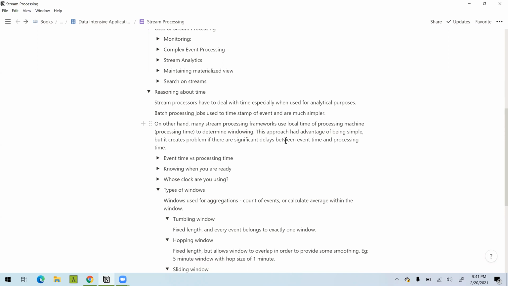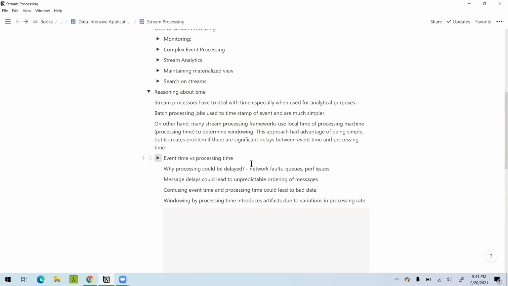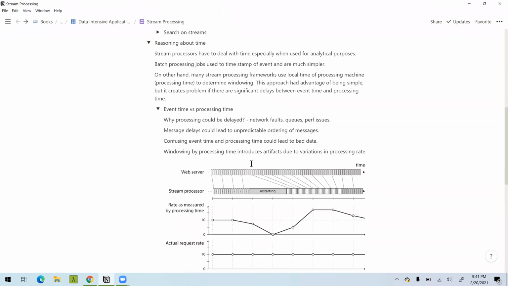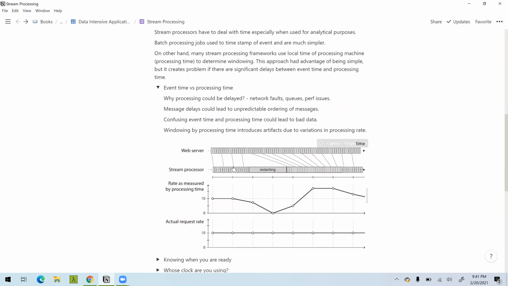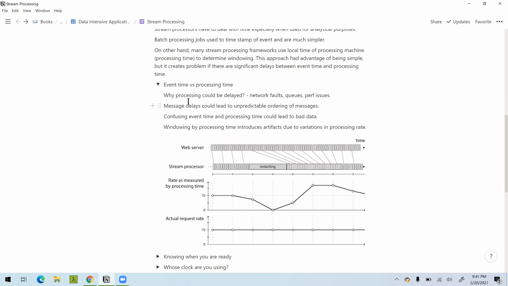So the alert you are getting might not be what you are expecting because your events have been delayed. Here is a good example of this.